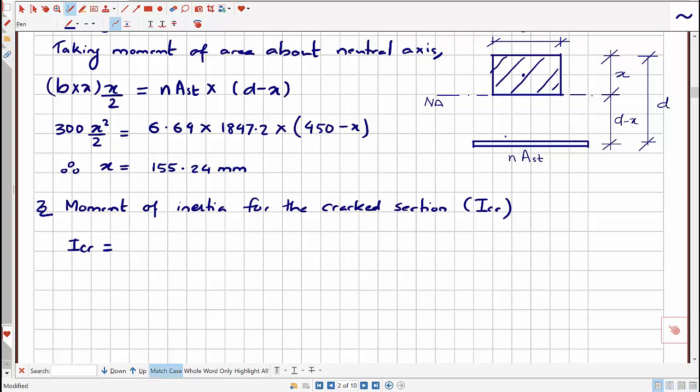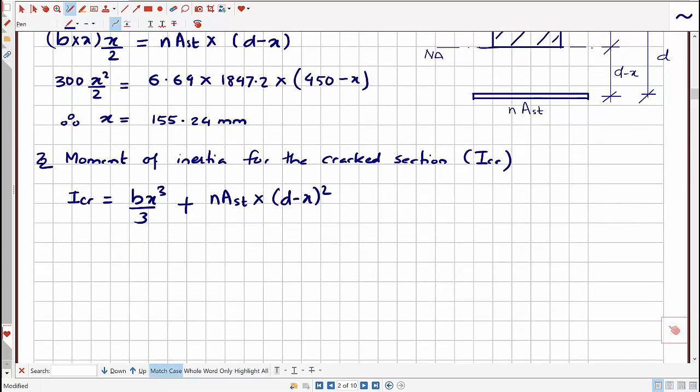First, the concrete part, for the rectangular section, the moment of inertia about its base is b x cubed over 3. Plus the moment of inertia of the steel about its own axis is very small, so we can neglect that, but we still have to transform this moment of inertia to the neutral axis. That means A d squared, where the area is n Ast multiplied by the distance d minus X, whole squared.